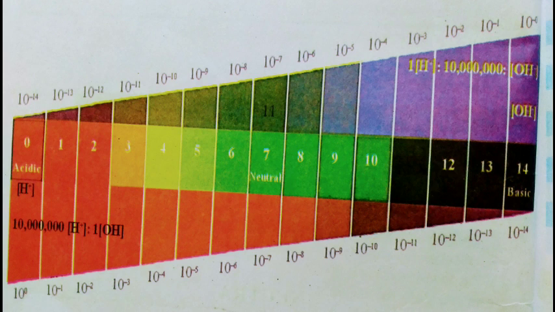At green it is neutral. At thick red it is strongly acidic. At thick purple it is strongly basic in nature. So prepare the solutions and test with the universal indicator.